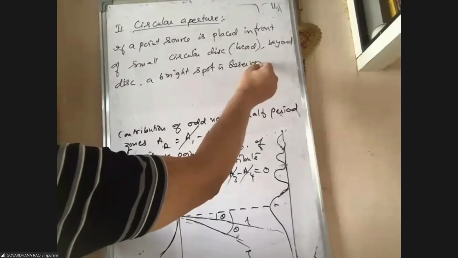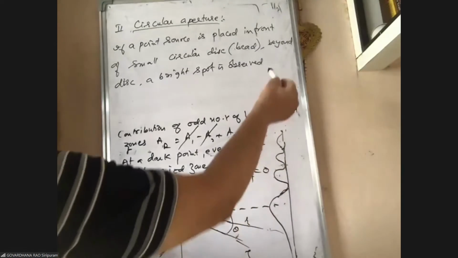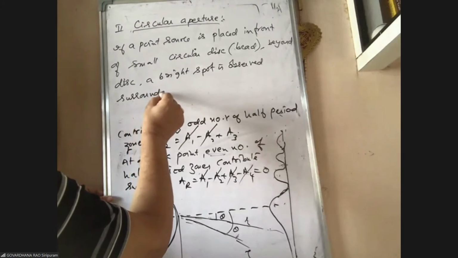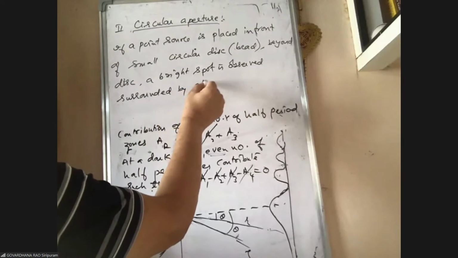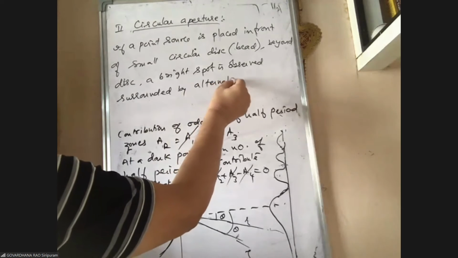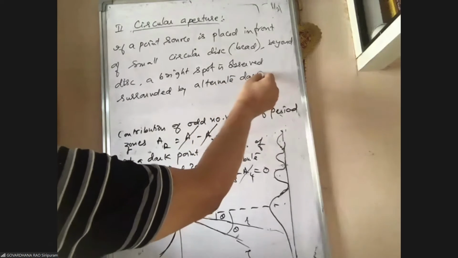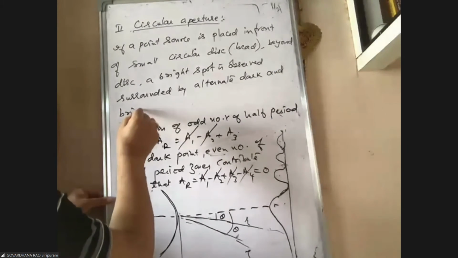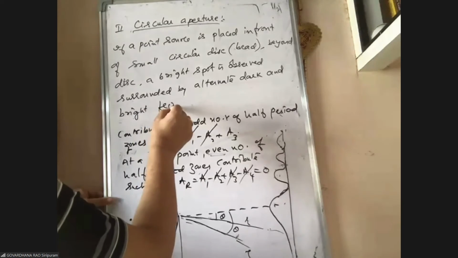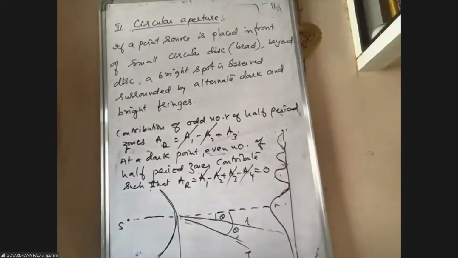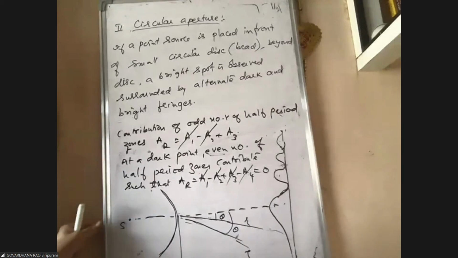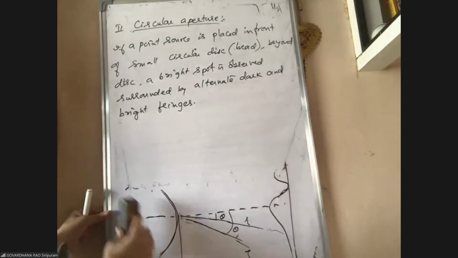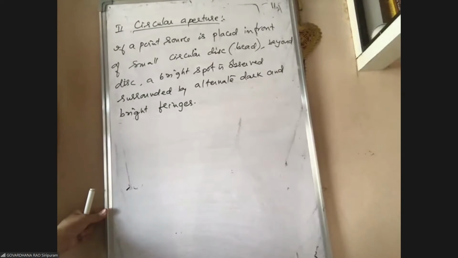A bright spot is observed, surrounded by alternate dark and bright fringes. Alternate dark and bright fringes. Like this.